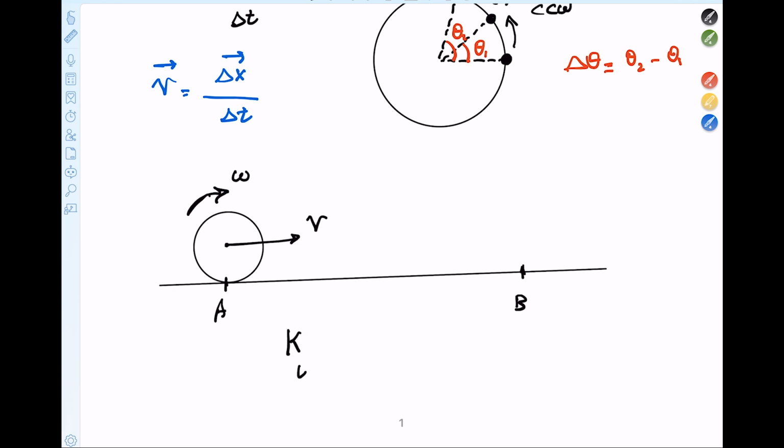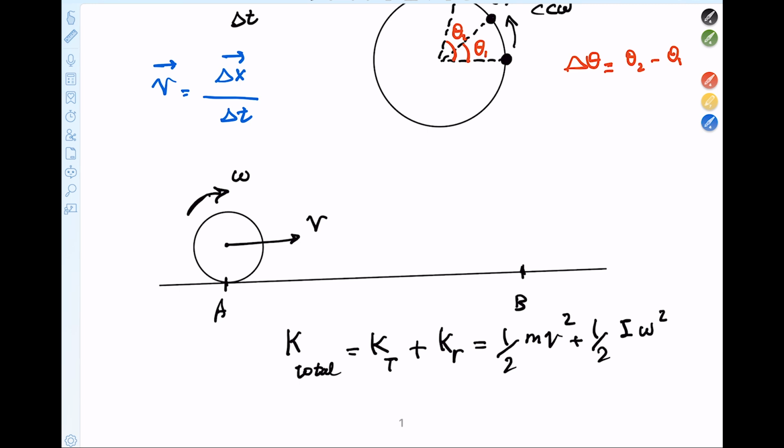So the total kinetic energy K is translational kinetic energy plus rotational kinetic energy. In other words, it's half m v squared plus half I omega squared. Here, again, m is the mass of the object, I is the moment of inertia, v is linear velocity, and omega is angular velocity.